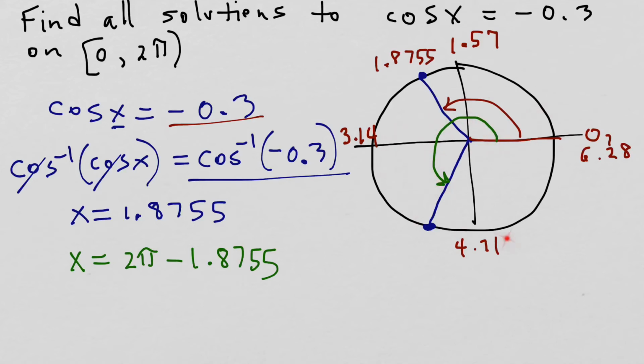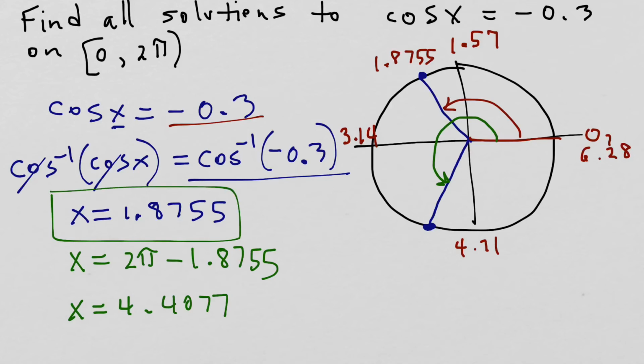So full circle minus this piece here is going to leave me with this much here, which is the angle I'm looking for here. So if I subtract that off of there, I'm going to get x is equal to 4.4077 radians. So that's this one here, 4.4077 radians to this point right here.